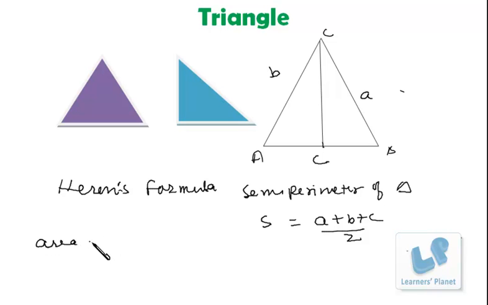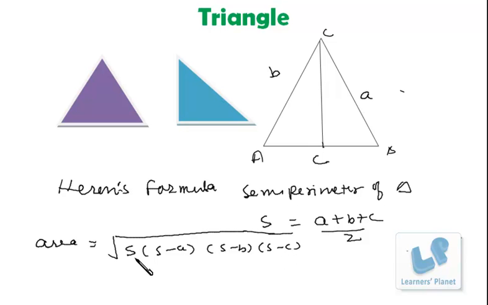Area of a triangle will be equal to the square root of s(s minus a)(s minus b)(s minus c), where s is the semi-perimeter of the triangle and a, b, c are the lengths of its sides. So if we know all the three lengths, we can calculate the semi-perimeter. Then if we put the values of all these four terms, we can calculate the area of that particular triangle.